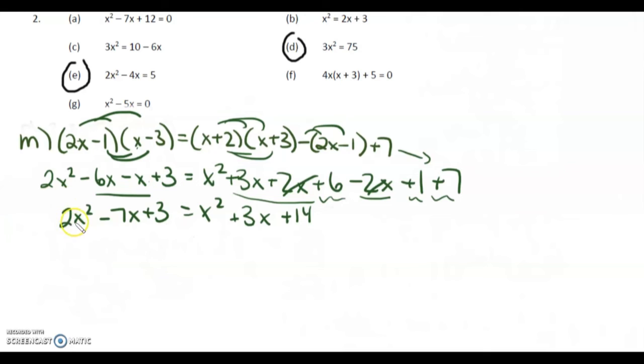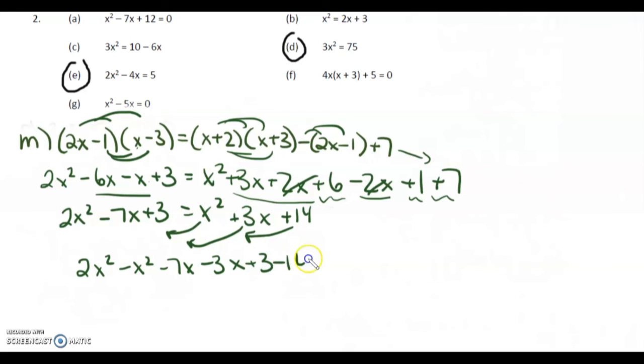So I see that there's a 2x squared here, so I'm going to bring them to this side, because when I subtract this x squared, I'm still going to have a positive number, and I don't have to do those extra steps. Okay, so I get 2x squared minus x squared minus 7x minus 3x plus 3 minus 14. So I end with x squared minus 10x, what is that, minus 11.